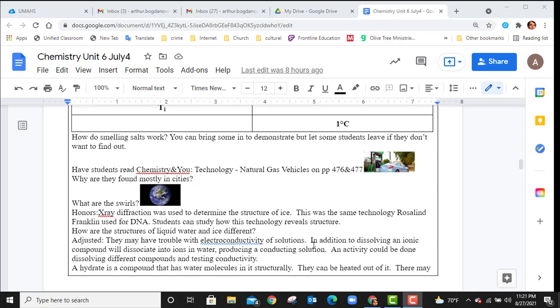In addition to dissolving, an ionic compound will dissociate into ions in water. So you see it's two different things. Think of table salt.